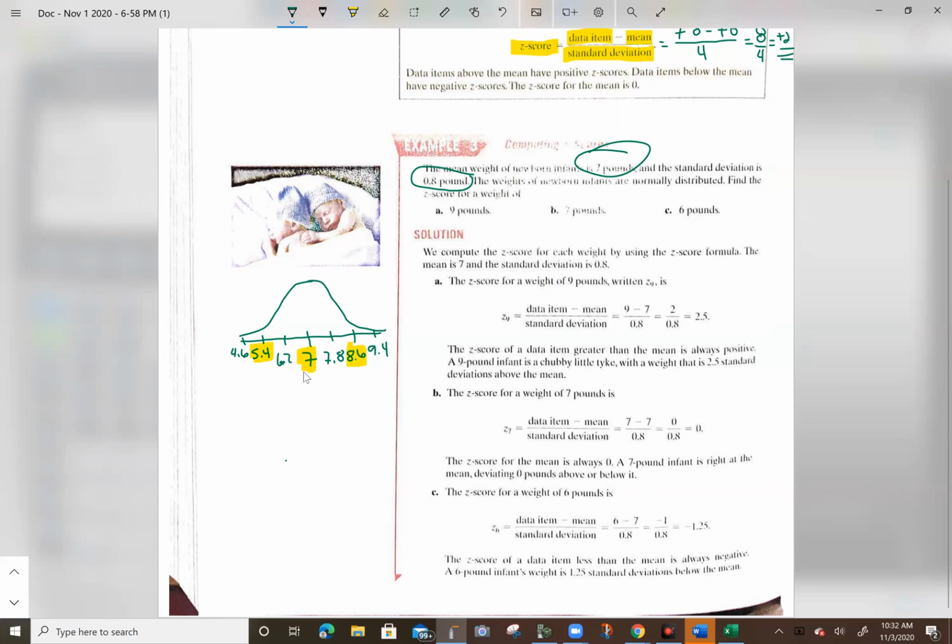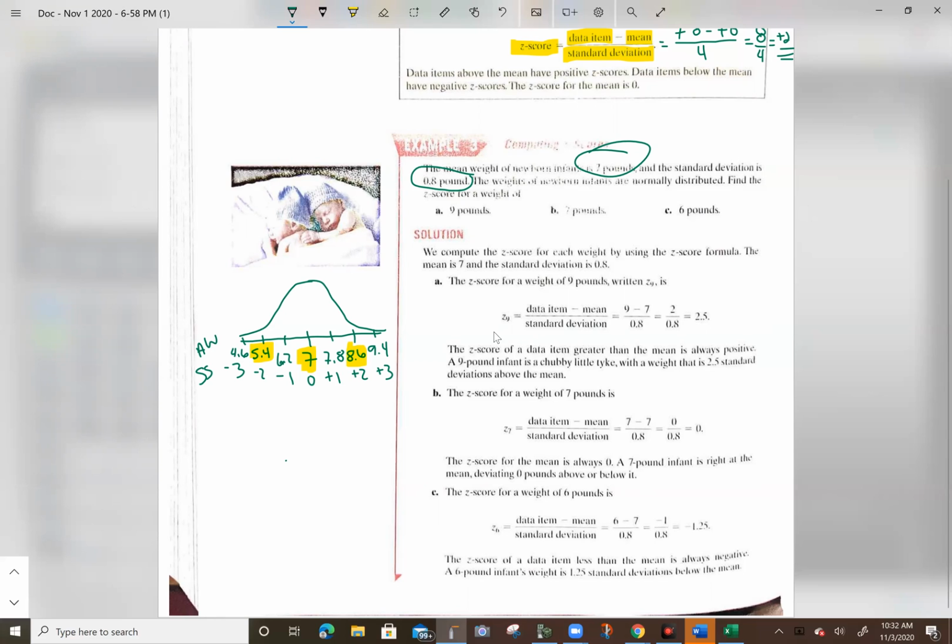Okay, so this is 0 plus 1 plus 2 plus 3 minus 1 minus 2 minus 3. So these are the standard scores. These are the actual weights.